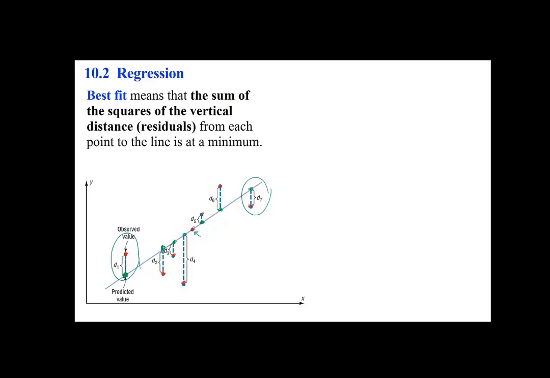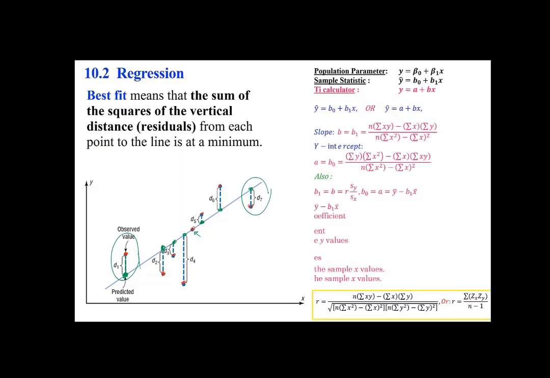So with that being the case, these are the formulas. The population parameter, sample statistics, TI. So this is the synopsis of all the formulas that were discussed in the previous page, the R, and how we arrive at the equation for the regression line.